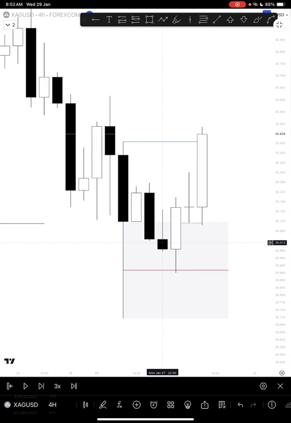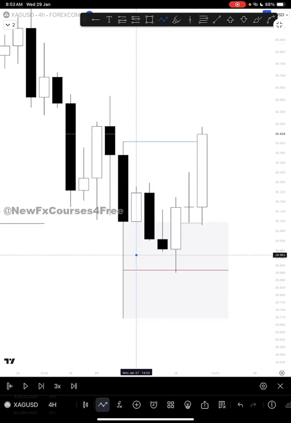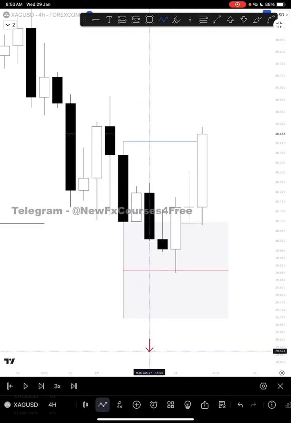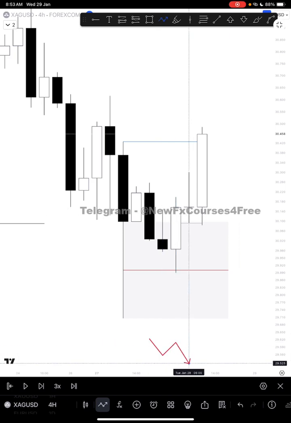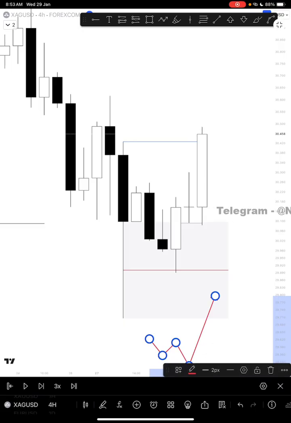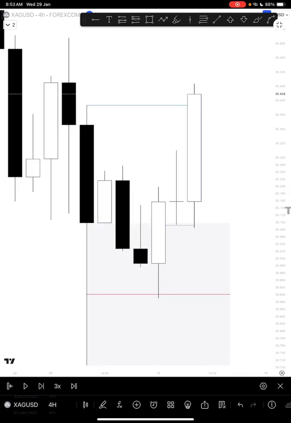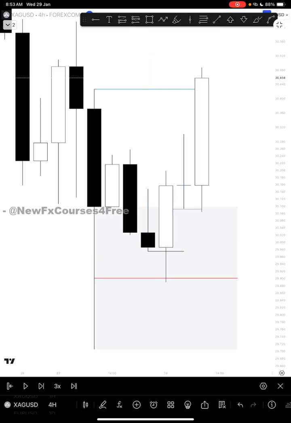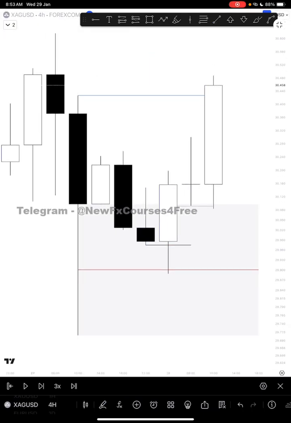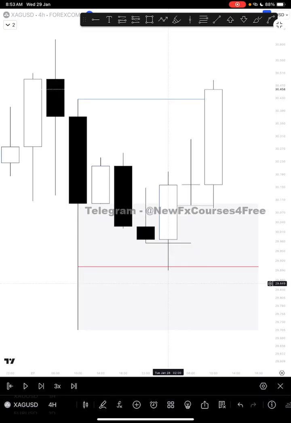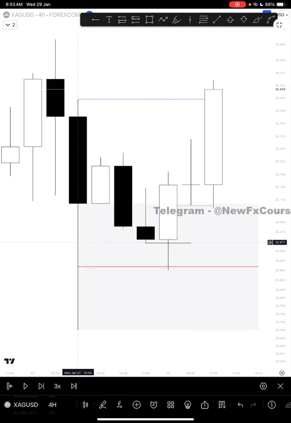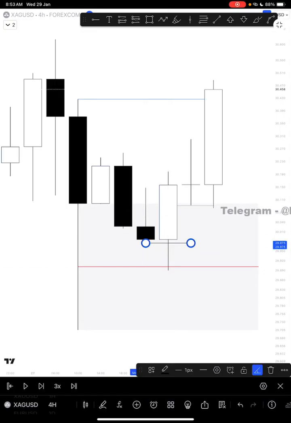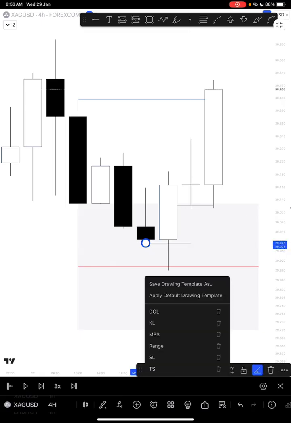The market actually retraced into the midpoint of this rejection block, then exploded higher. And here is your turtle soup, and you can see how beautiful the market actually reacted from the midpoint of this rejection block.